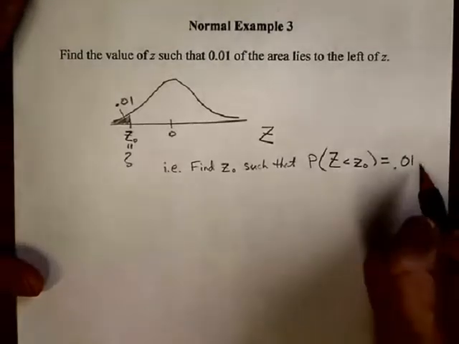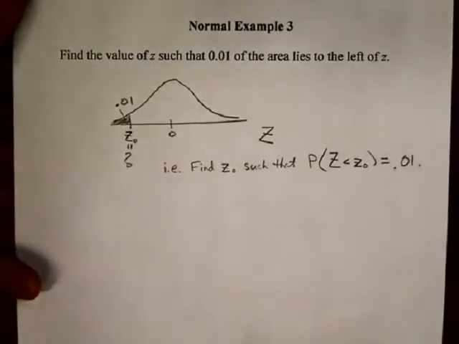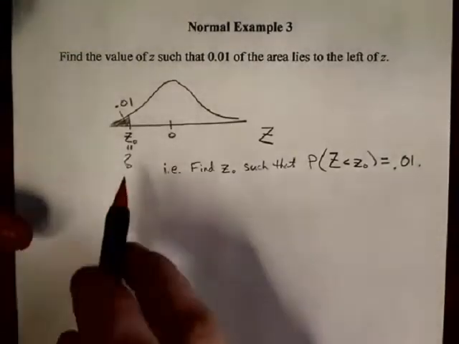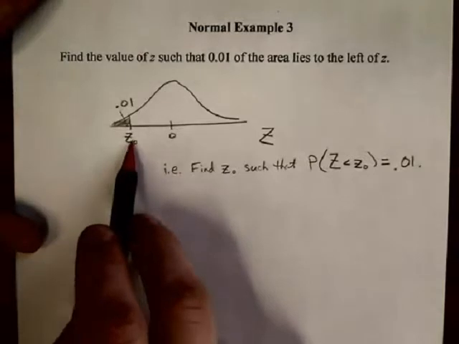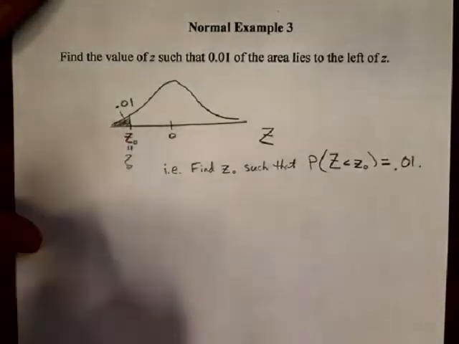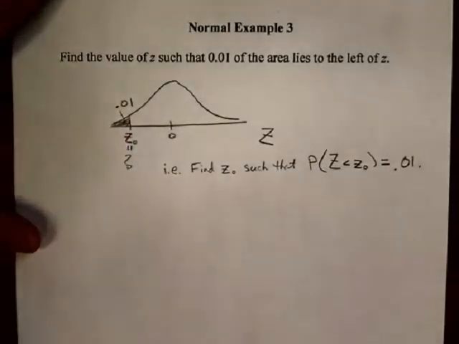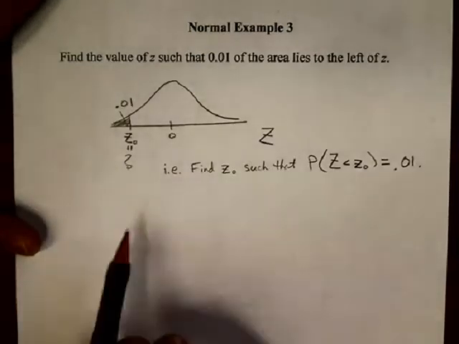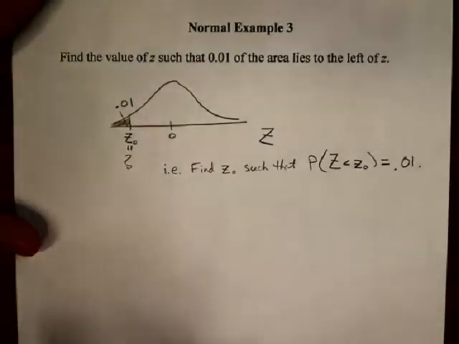Okay, this is a little different than what we've seen. Again, we're finding a particular value of z given a probability. For the previous examples, we were given a value of z on the axis and asked to find a probability or an area. The tables that I have will not give me this directly. I have to do a little manipulating.